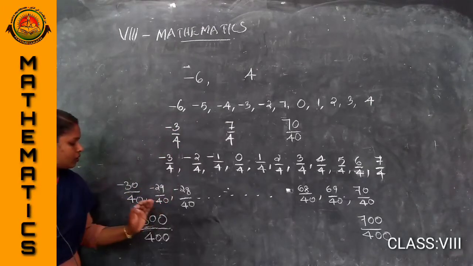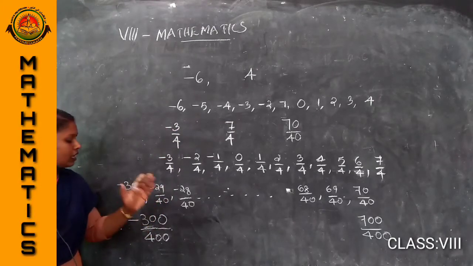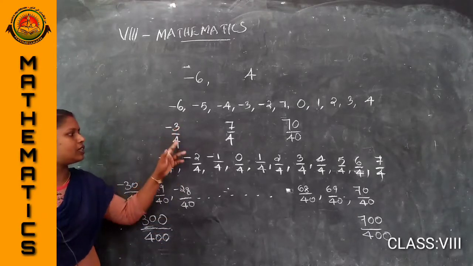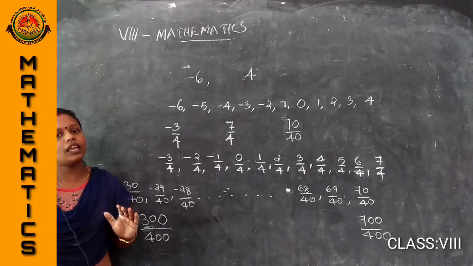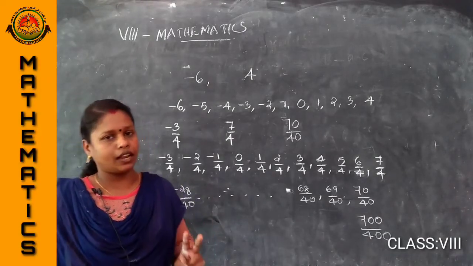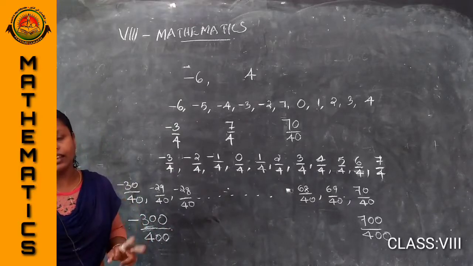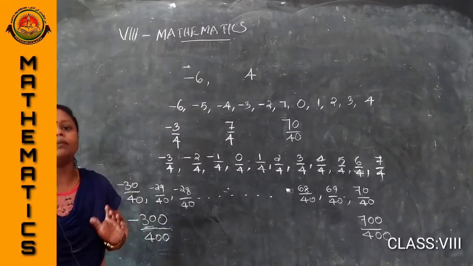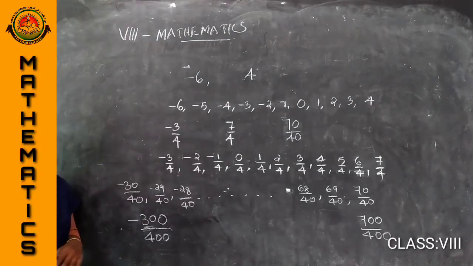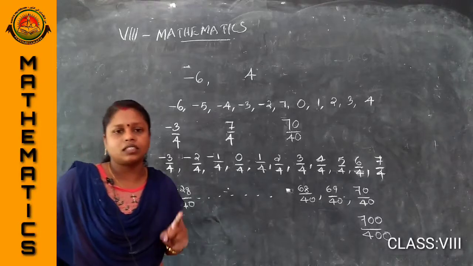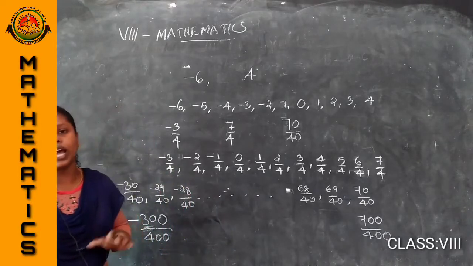We can write -3000/4000 as well. So we will get many rational numbers in between two rational numbers. We can say there are countless rational numbers in between two rational numbers. This is one method to find a rational number in between two rational numbers.